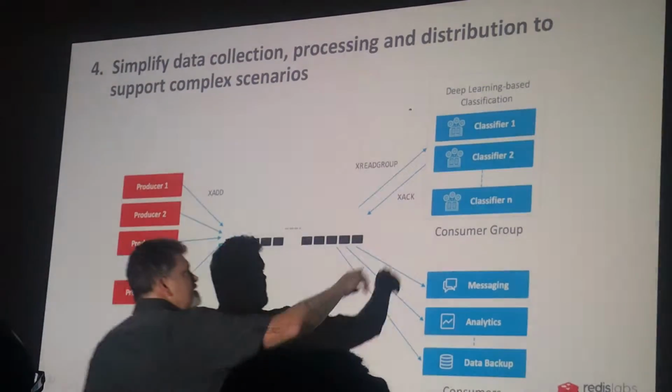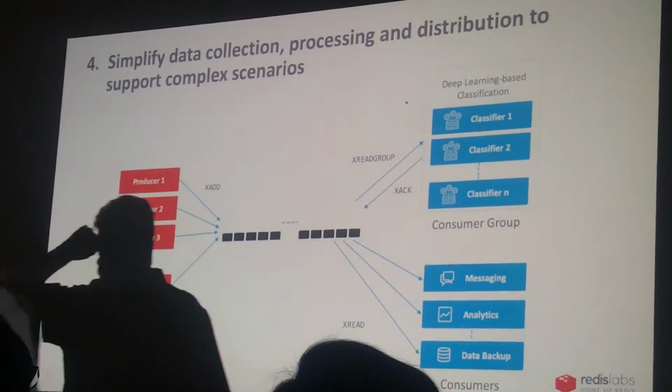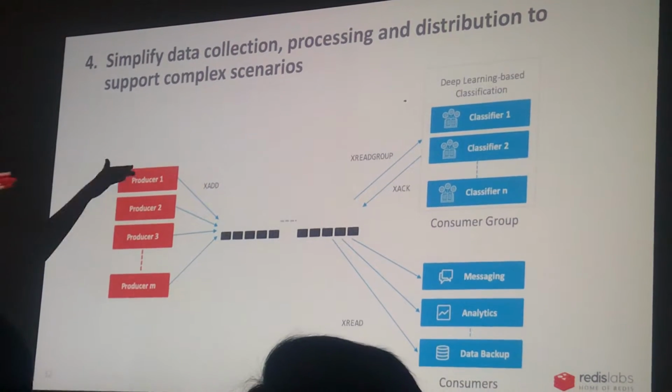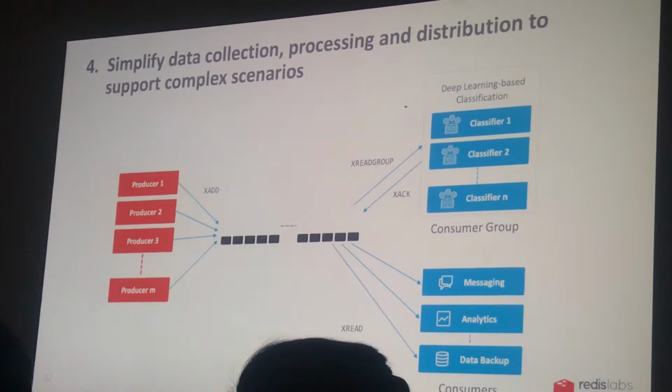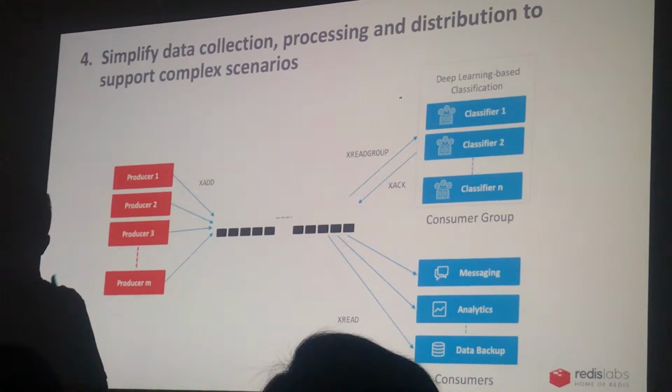As soon as it processes it successfully, let me also mention something else. If you're going to do it like this, you should create a group, a consumer group. A group has more functionality.